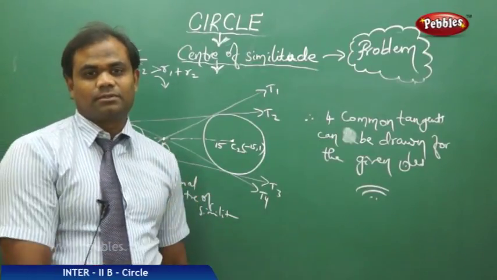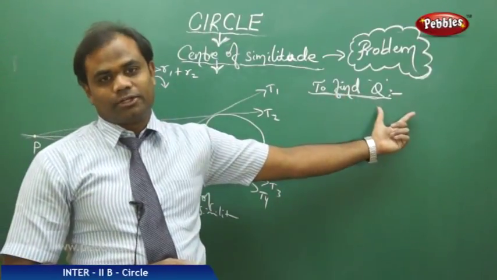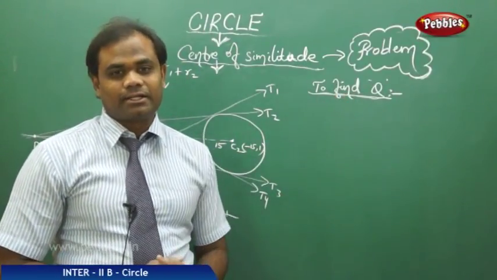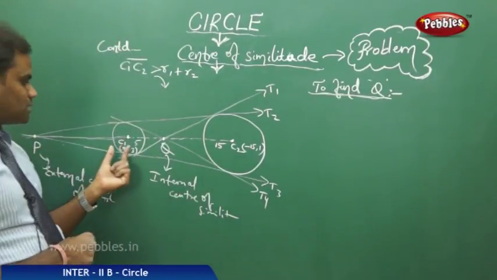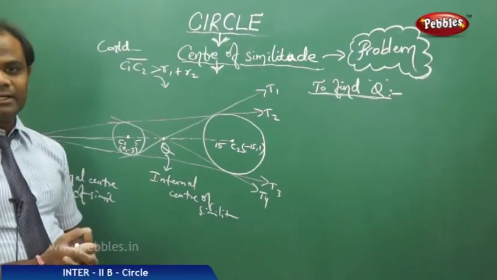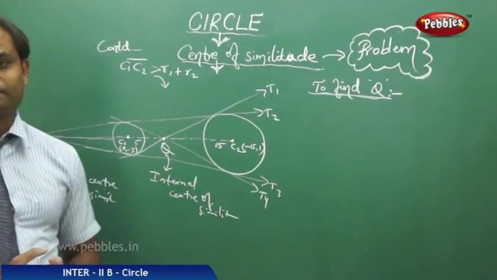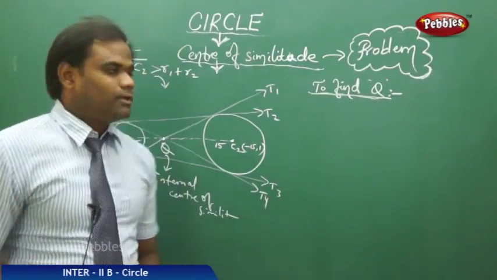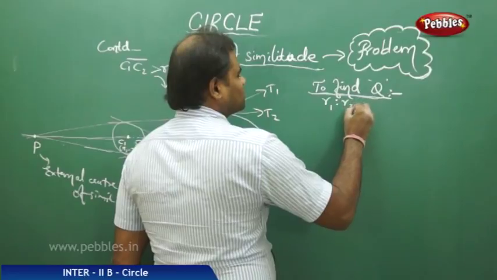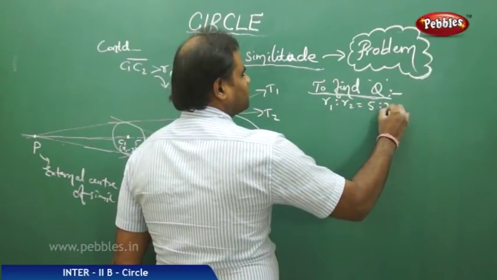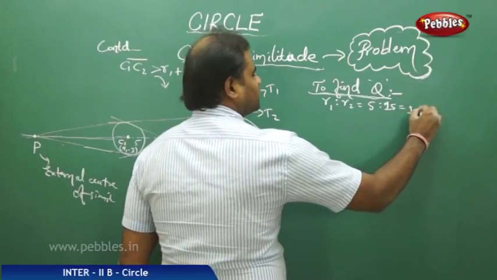Now here, initially to find the point Q, that is the internal center of similitude, I utilize the points C1 and C2 and see how we can do it with respect to the ratio. The ratio is clearly R1 is to R2, that is 5 is to 15, which is 5 ones, 5 threes.